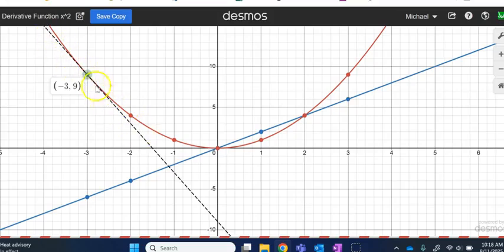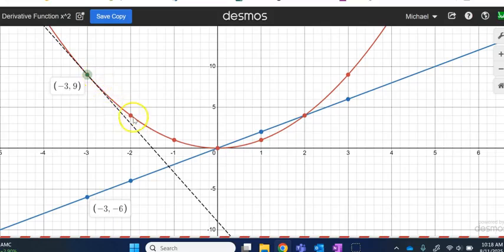Notice the dashed line is a tangent line right there. And then the derivative value would be, what is the slope of this dashed line? Well, if you examine that slope, it turns out to be -6. So it's kind of hard to visualize there. But notice down here on the derivative function, at x is -3, the value of the derivative is -6, meaning the slope of that tangent line is -6.